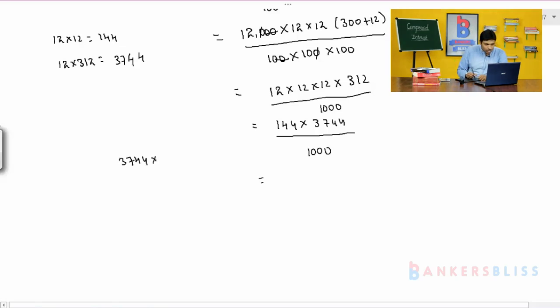3744 into 144. So 4 4s are 16, 1 carry over, 4 4s are 16 plus 1 is 17, again 1 carry over, 7 4s are 28 plus 1 is 29, 2 carry over, 4 3s are 12 plus 2 is 14. Next, again, you have to multiply it by 4, the same thing you are going to get, 14976. Next, multiply by 1 time, 3744 shifted.